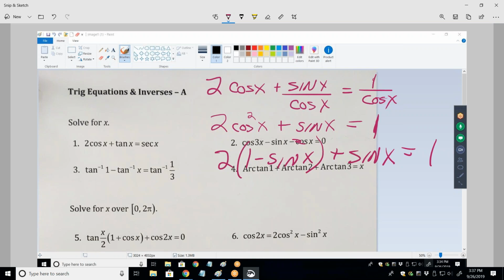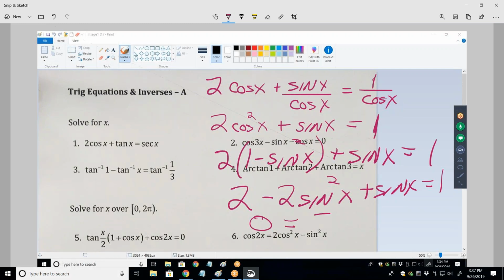So if I distribute, I get 2 minus 2 sine squared x plus sine x equals 1. Now if I move everything over to the other side, I get 0 equals 2 sine squared x minus sine x minus 1. Follow all of that?